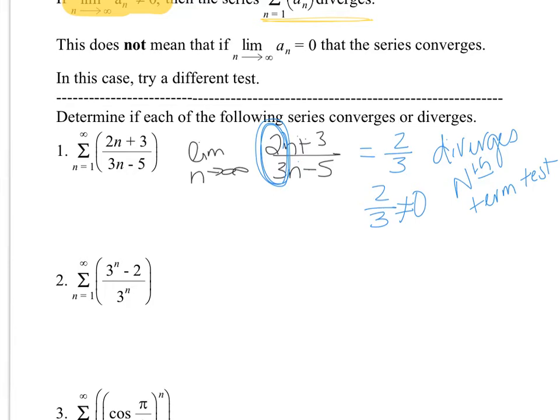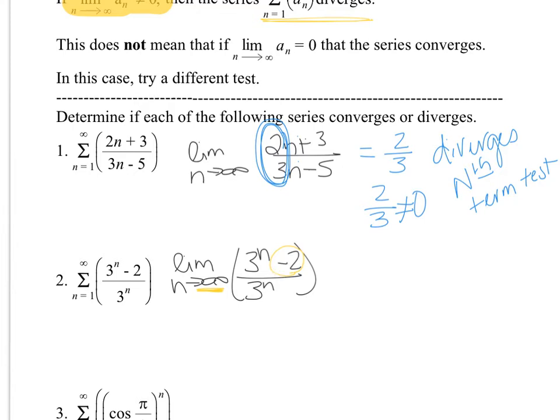The next one we're looking at, we're going to do a very similar thing. We're going to take the limit as n goes to infinity. This time we're looking at 3 to the n over 3 to the n. These will grow the same. Sometimes it's really hard to remember that the coefficients hardly matter when we're talking about something as big as infinity. As you get to infinity, these are really big numbers, and so the 2 hardly matters.